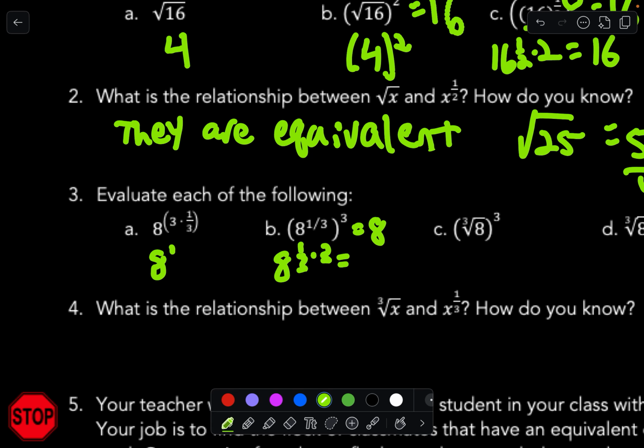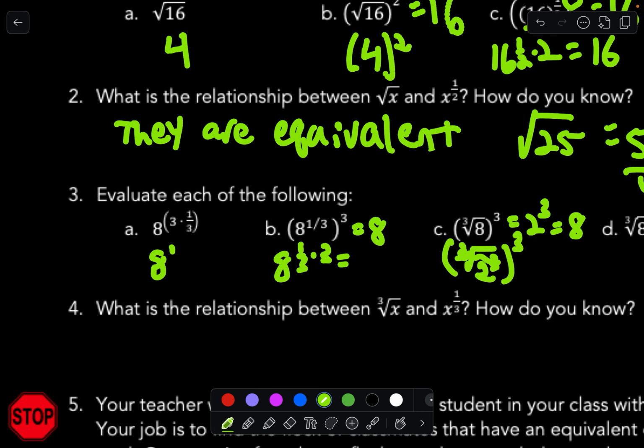The cube root of 8 cubed, well, you should know that the cube root of 8 is 2. Why? Because 2 to the 3rd power is equal to 8. So this is the cube root of 2 to the 3rd raised to the 3rd power. The root and the exponent kill each other, and that leaves you with 2 to the 3rd, which equals 8.